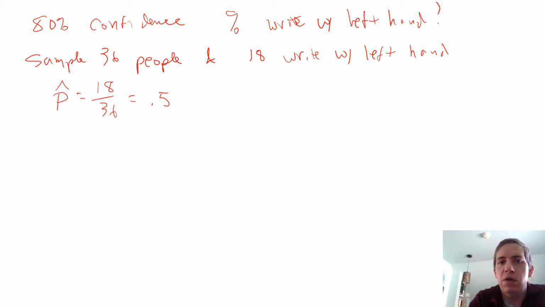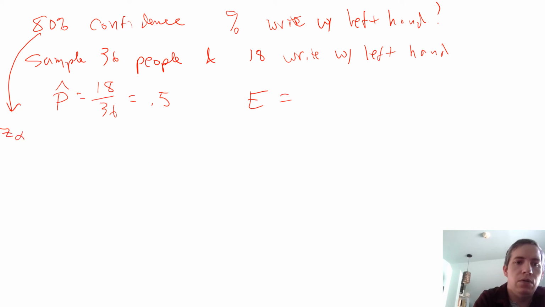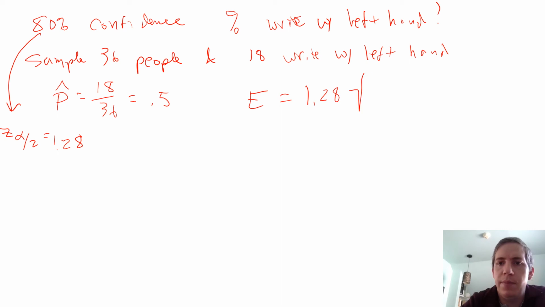From this, you can try to get your margin of error. Your margin of error would be equal to z alpha over 2. So you take that 80% and you get your z alpha over 2 from the table, which is 1.28. So the margin of error is 1.28 multiplied by the square root of p hat, 0.5, times 1 minus 0.5, this is from that formula, over the number of people you asked, which is 36.